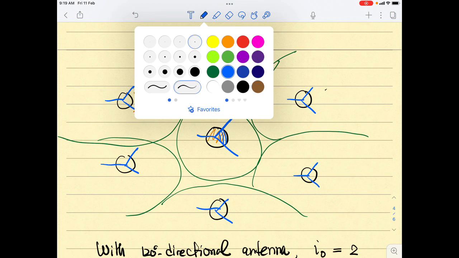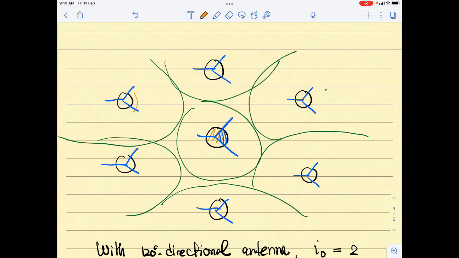Now, if we focus on this direction, you see that for this guy, the frequencies in this sector will go like this. This guy also will transmit like this, and you see that both of these will interfere with the cell in the center.